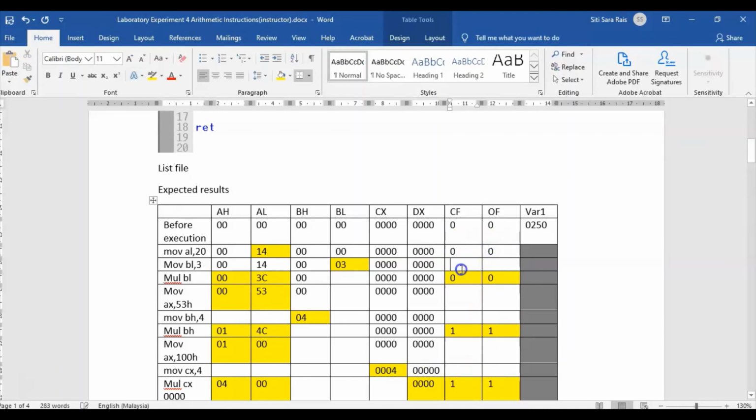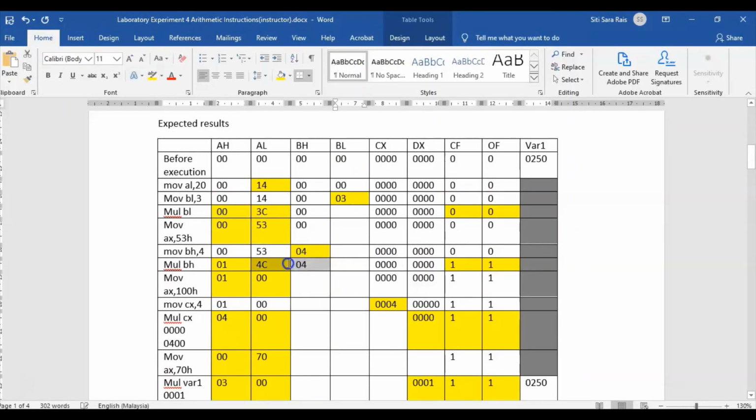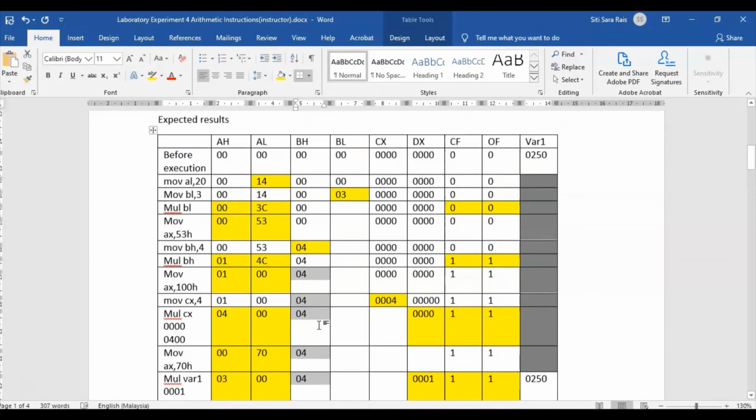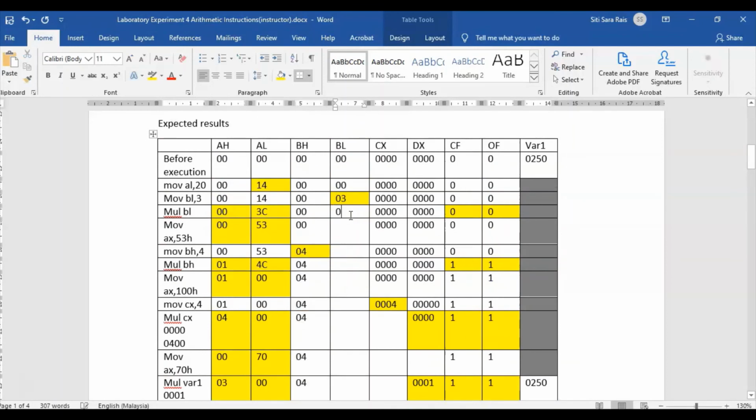Maintain the latest value. Then this one 03.